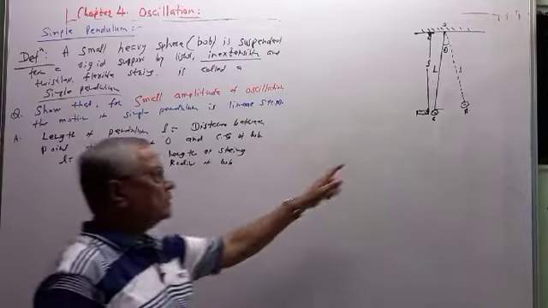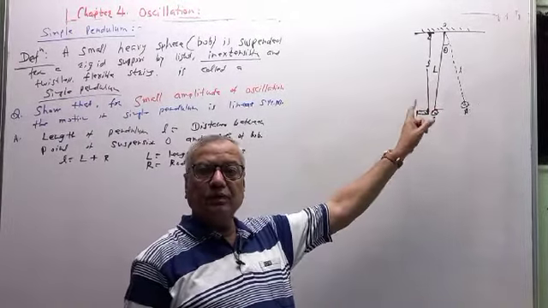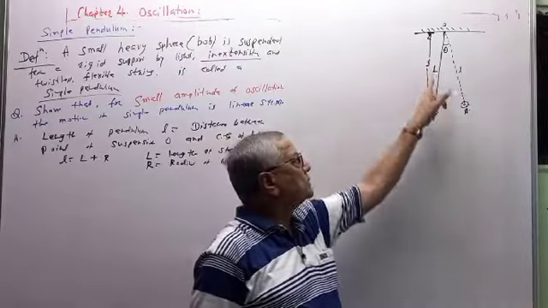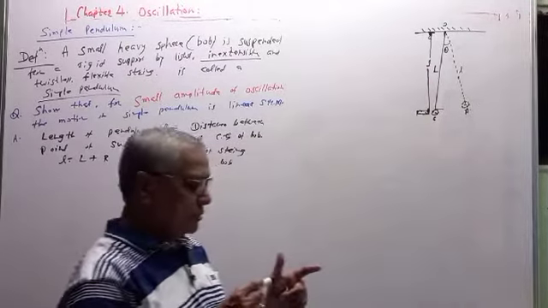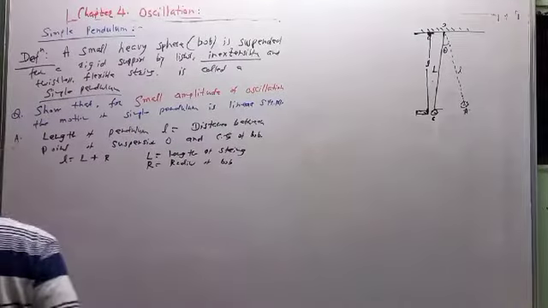Practically, we measure the diameter of the bob by using vernier caliper, and half of the diameter will give the radius. So length of the string plus radius of the bob will give the length of the simple pendulum.